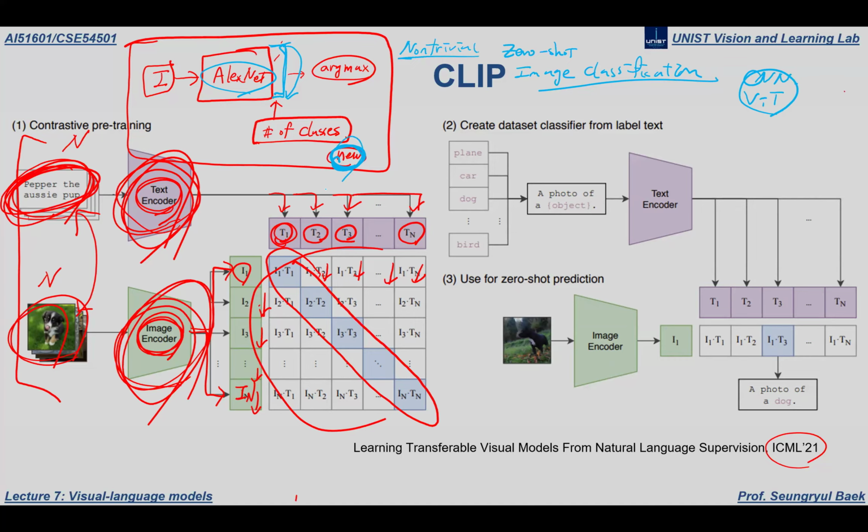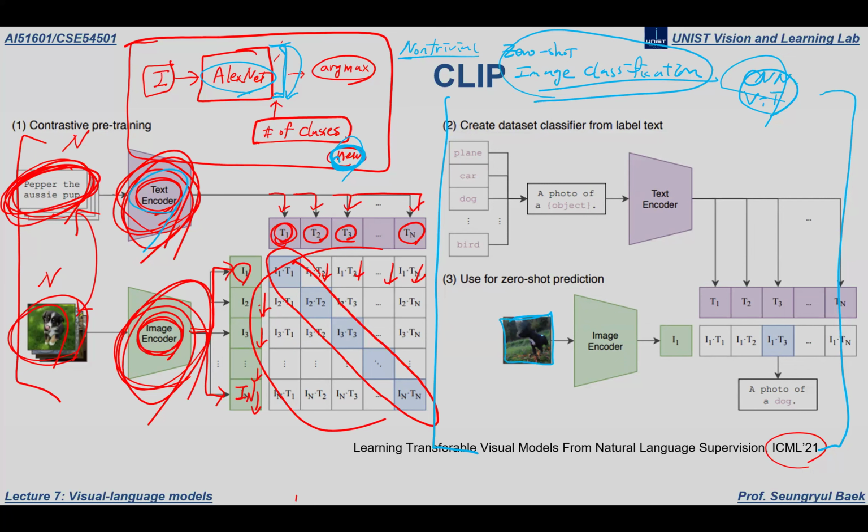So if a new class comes, we do not have any scheme for extending this to zero-shot tasks. But here, if we align image features and text features, we can simply achieve zero-shot image classification. I will explain that now.